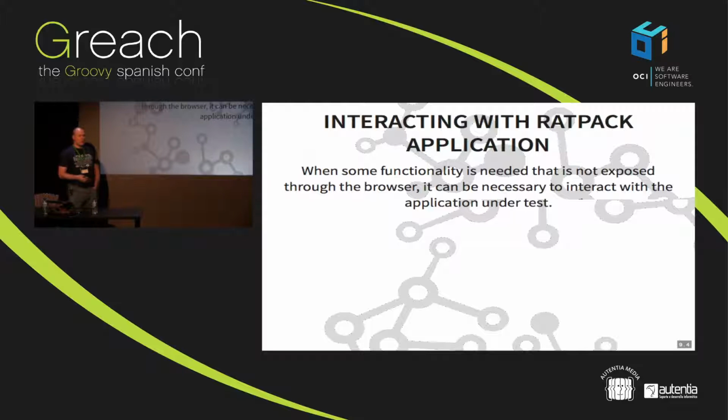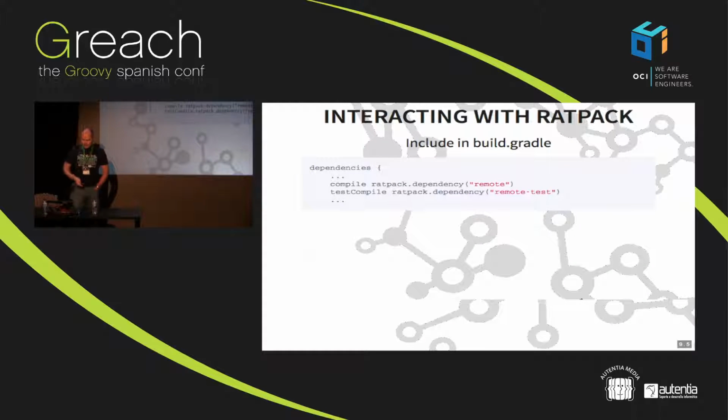In case we want to work with the application, something that is not exposed through the API, for example, verifying that whenever I do something in the UI, that is actually persisted in the database, it could be necessary sometimes. If that's the case, in Ratpack, we compile in a few dependencies to the remote control plugin and the remote in test.